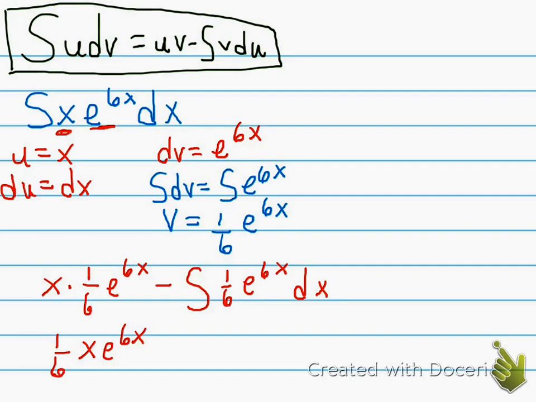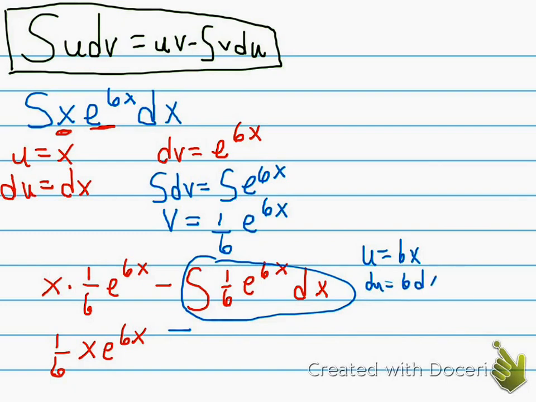Okay, so now we need to integrate this part right here. To integrate this, we're going to have to use basically u substitution. We'll let u equal 6x, and du will equal 6dx. When we look at this, we have the integration of e to the u, and then 6dx.